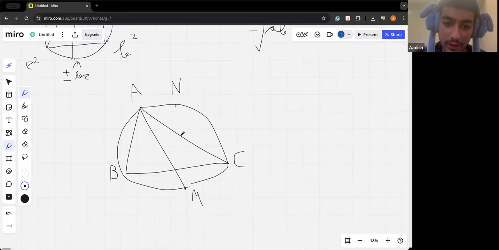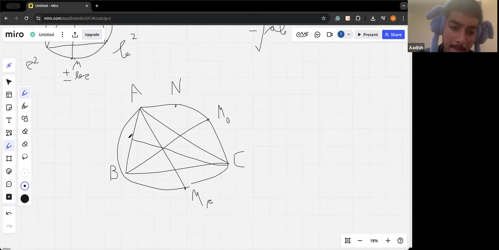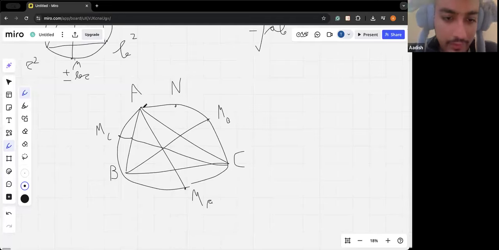N is the major arc midpoint. I'll call these MA, MB, and MC. Wait, how does this work again? Okay, let's see. Yep, I got it.